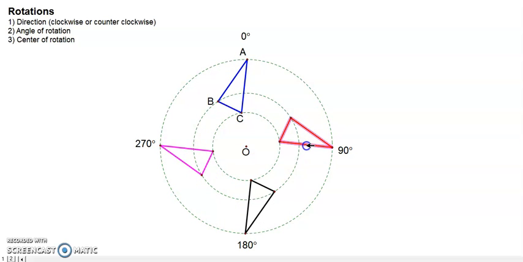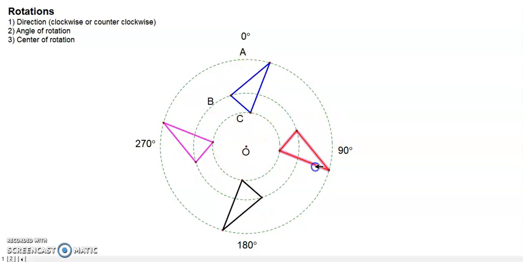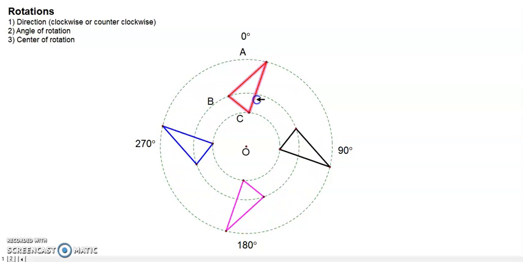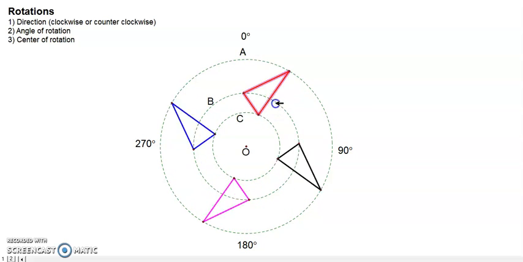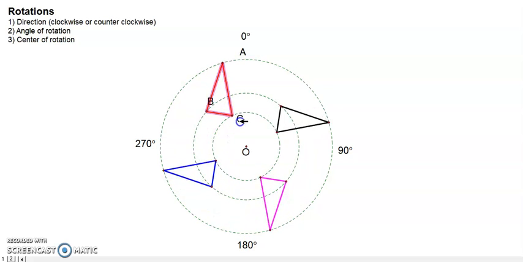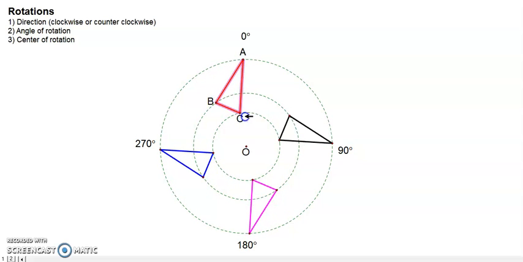You notice that these two are 180 degrees apart, and these two are 90 degrees apart. I can even rotate 45 degrees, it would look something like that, or 10 degrees, or a whole bunch. This is an example of rotations.